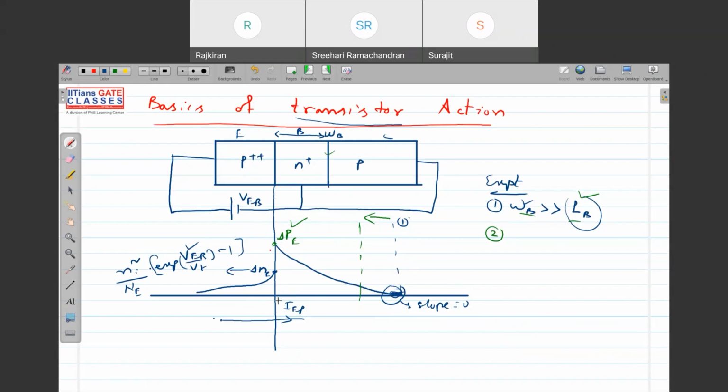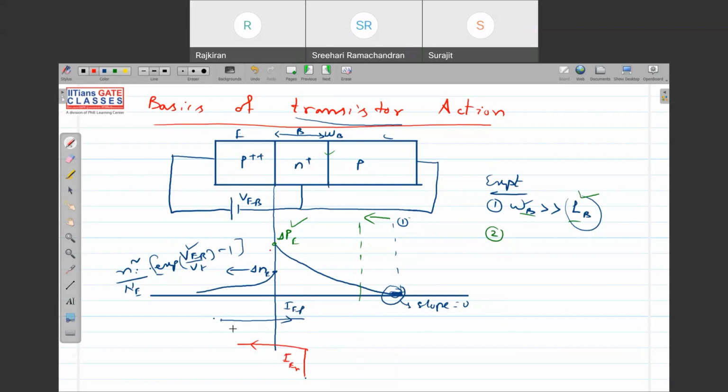And the electrons will be injected from base to emitter, so that is nothing but my IEN. So IEP is the current due to the injection of holes from emitter to base. IEN is the current due to injection of electrons from base to emitter.